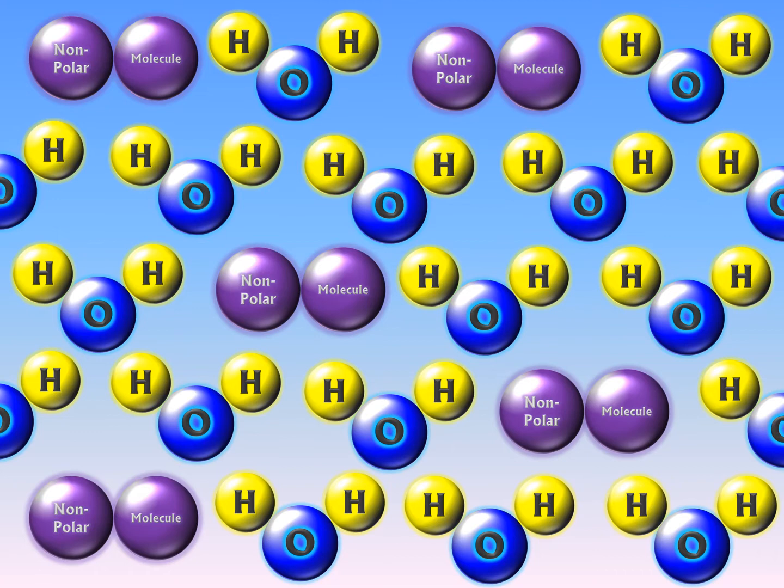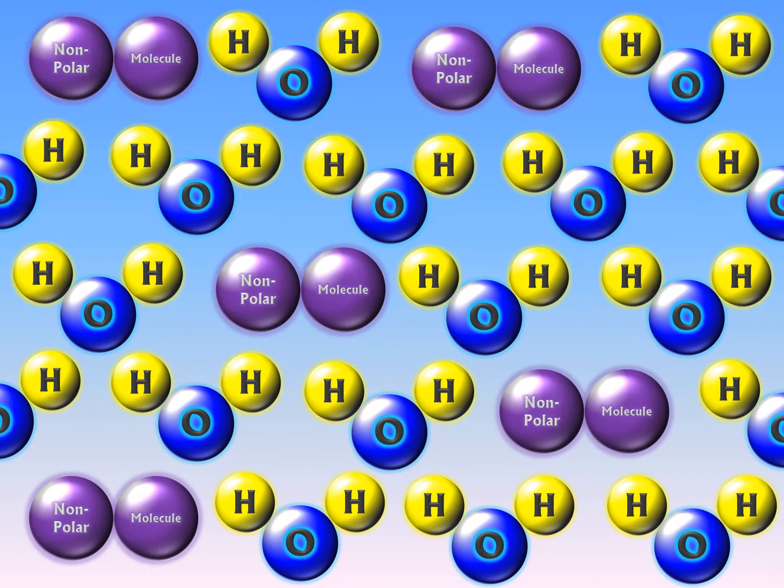But here's the problem. The water molecules have nothing to grab onto. Those nonpolar molecules aren't repelling the water, they're just not attracting it. And water molecules do attract each other, so it's kind of like those guys are just in the way.